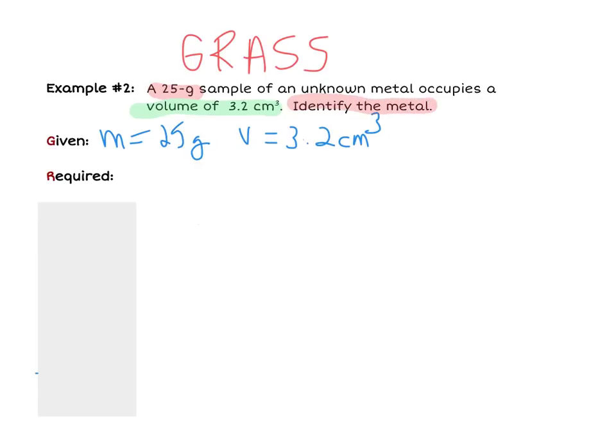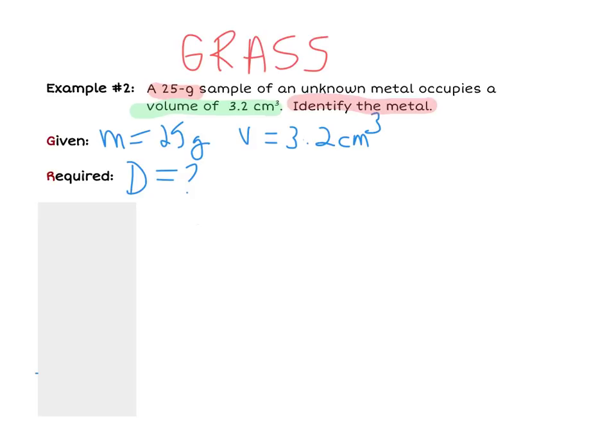So you say to yourself, what is going to help me solve for what the metal is? I'm going to remember that density is a characteristic physical property. And so if I can use mass and volume to get the density, I can use my chart on page 193 to help me solve for the metal. So the density is my unknown, so I'm going to write out D equals question mark.